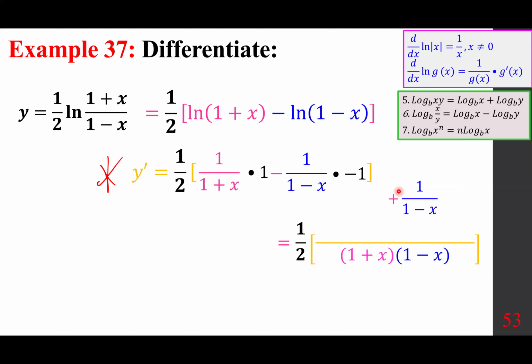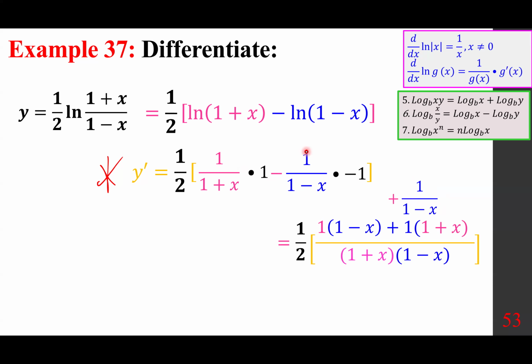This has to be up here because minus and minus makes it plus. So we have this one and this one. This one is 1 times 1 minus x. And this one, again, negative and negative makes it positive, 1 over 1 minus x.